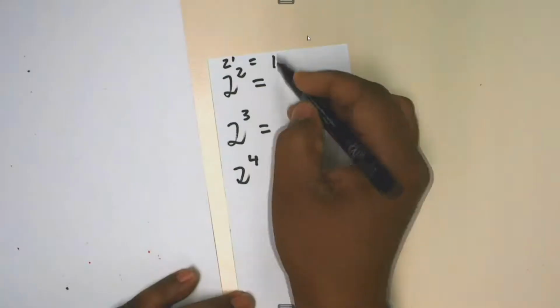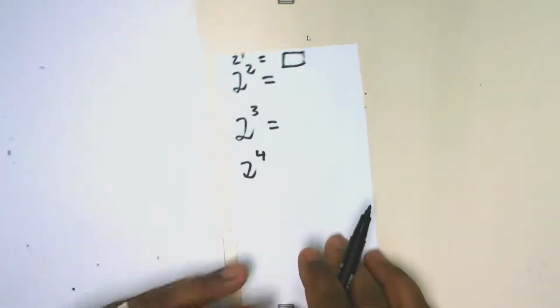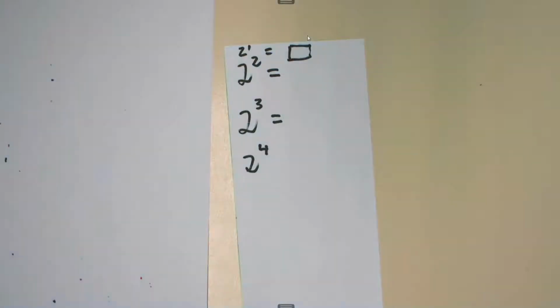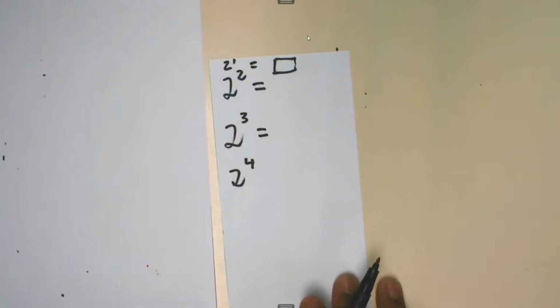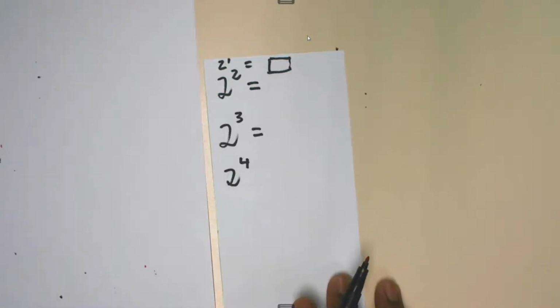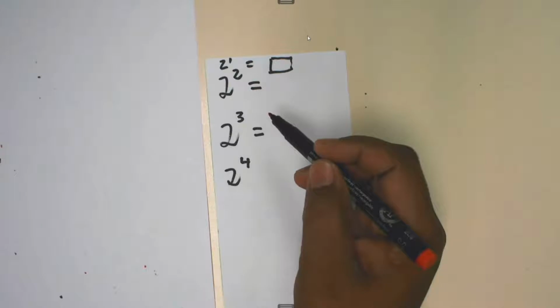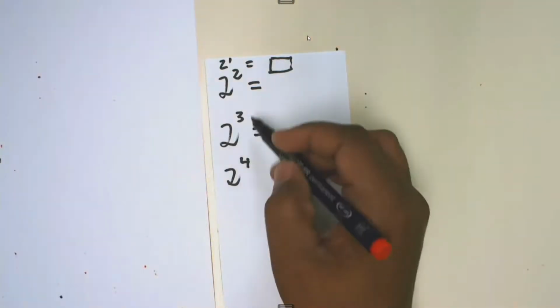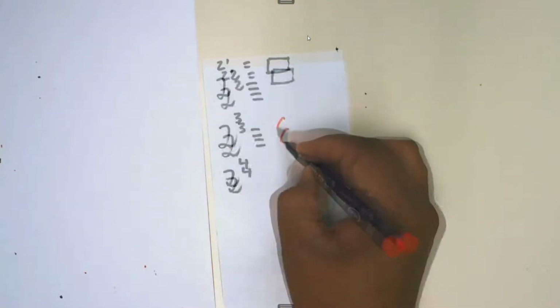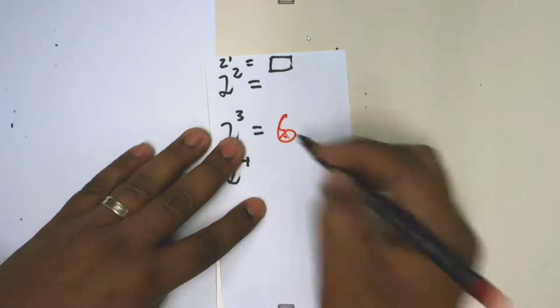What is 2 to the power of 1, 2 to the power of 2, 2 to the power of 3? I have come across a case where I was marking, and I saw a grade 7 learner writing 2 to the power of 3 as 6.